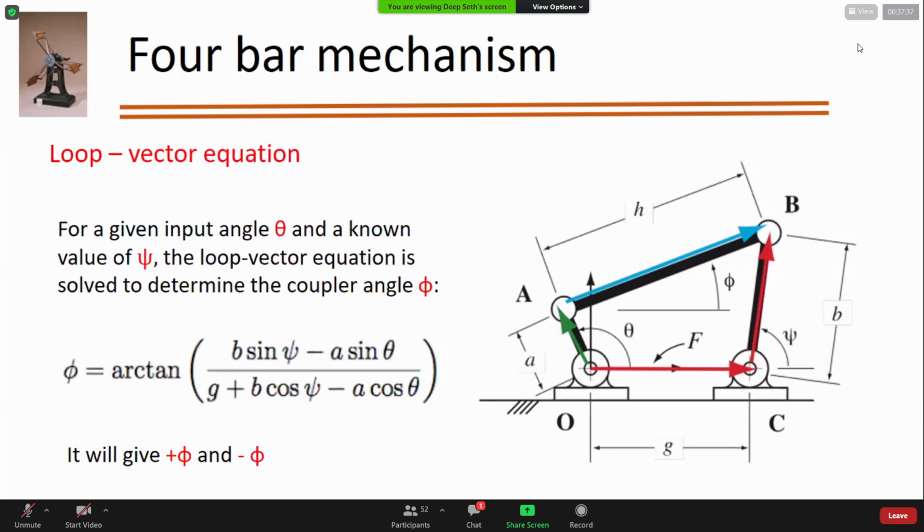But you want a unique value, in terms of phi, though you will get two values: one value is phi and the other value is pi minus phi. So 180 degrees is just opposite to it.